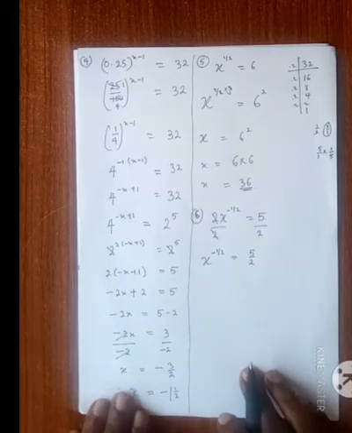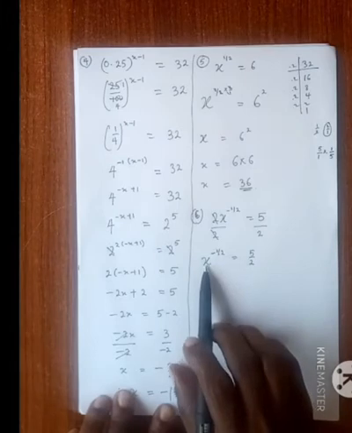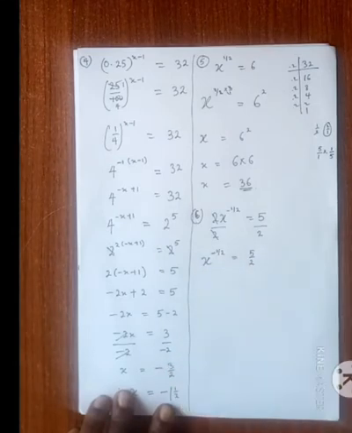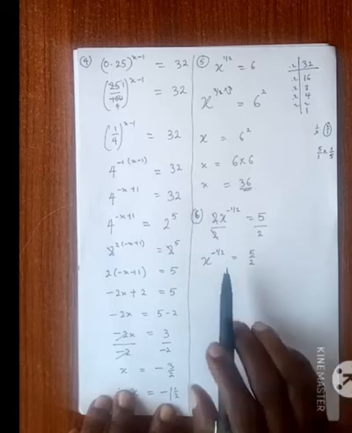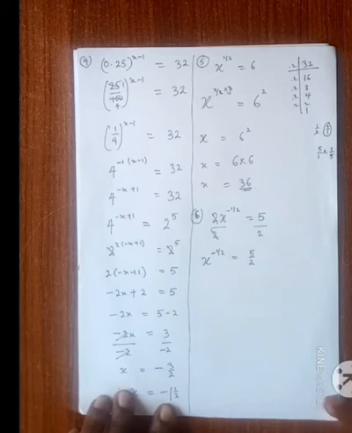Now, in order to progress with this, it simply means we want this x to exist without having any power again. And one of the best ways that can be achieved is by introducing to this power its reciprocal, that is its inverse.